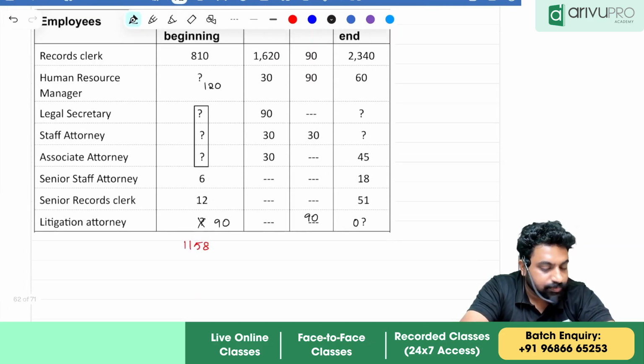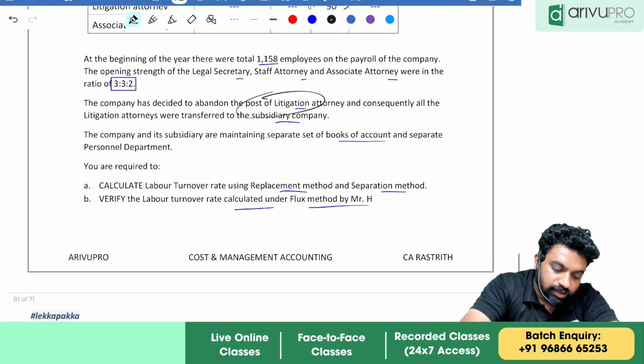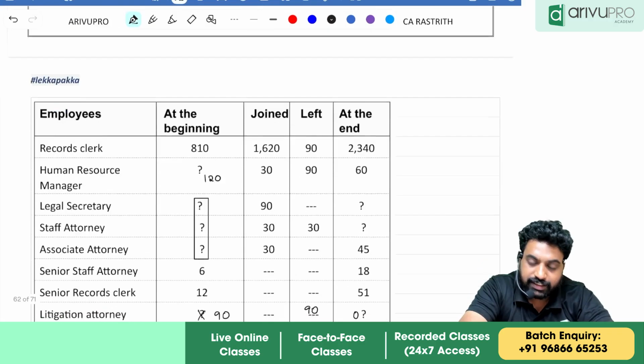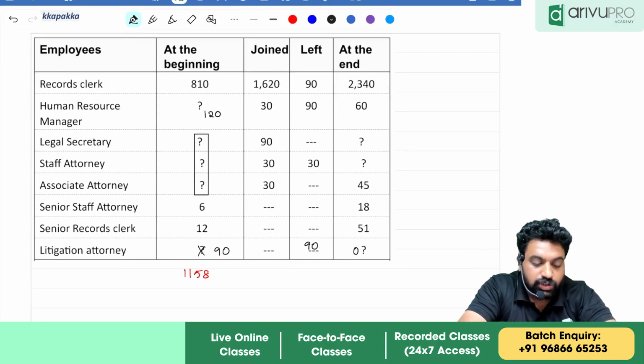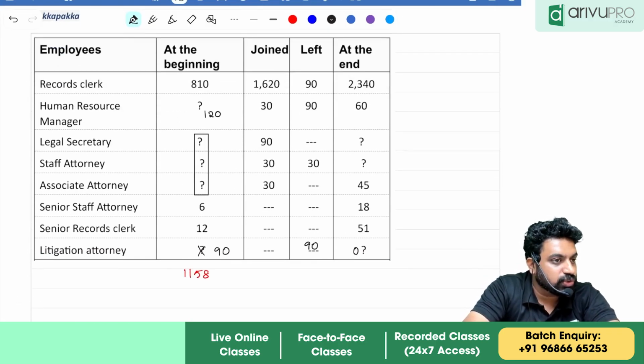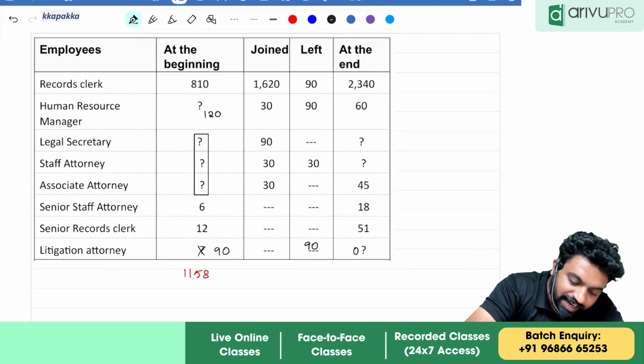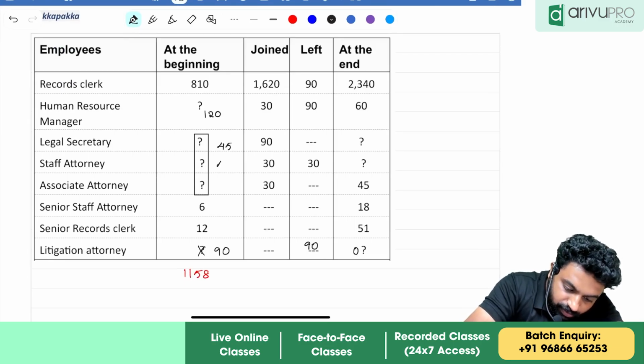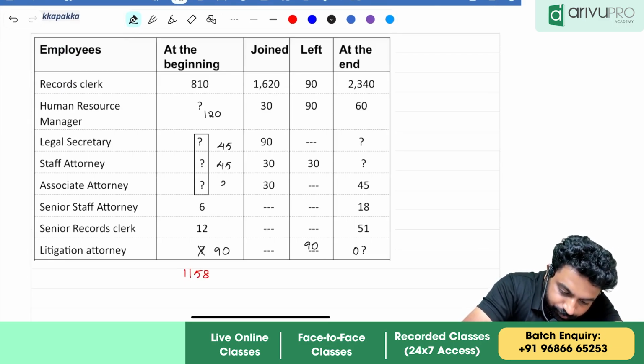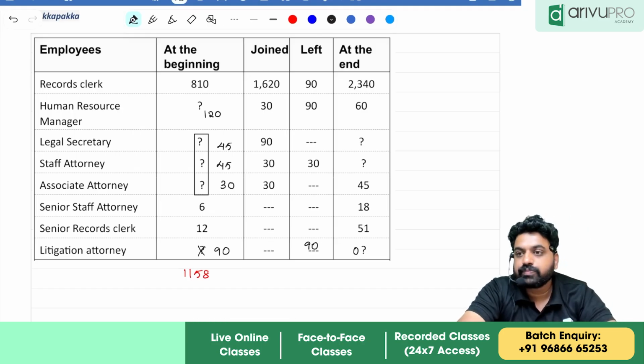Correct? The strength of legal secretary, staff attorney, associate attorney is 3:3:2. So 120 in the ratio of 3:3:2 is 45, 45, 30. Is that clear?